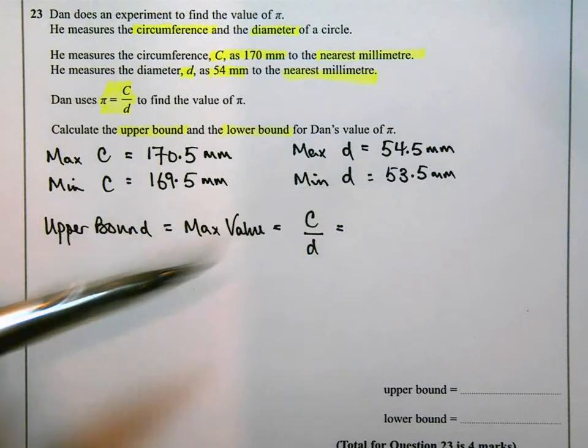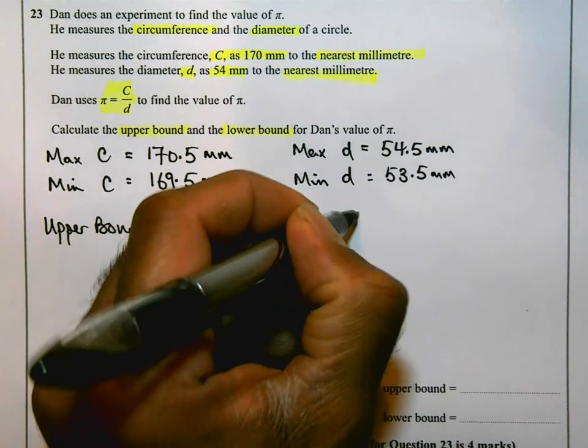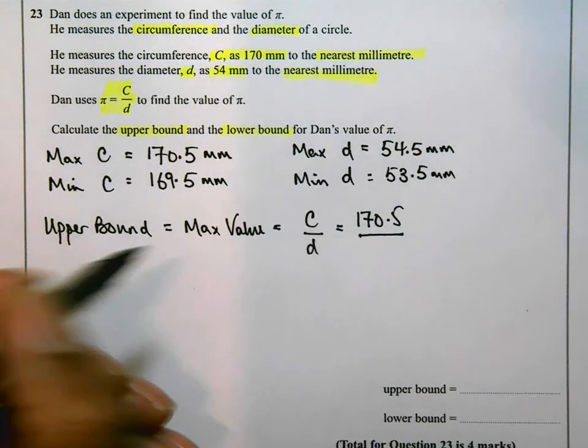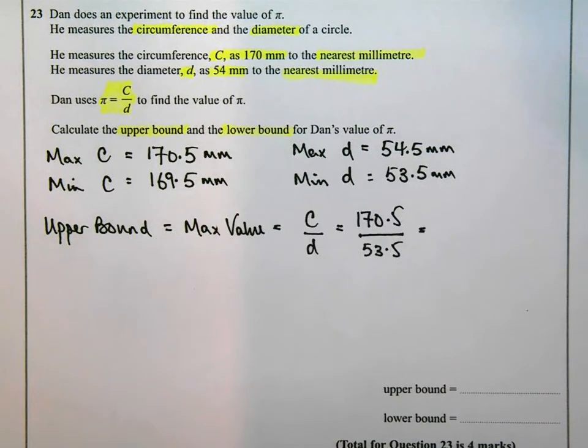So the maximum for the circumference and the minimum for the diameter. That is going to be 170.5 divided by 53.5. And I'll stick that into the calculator.